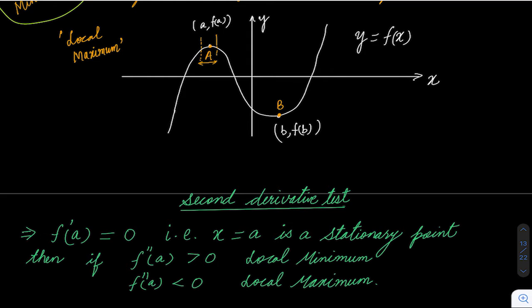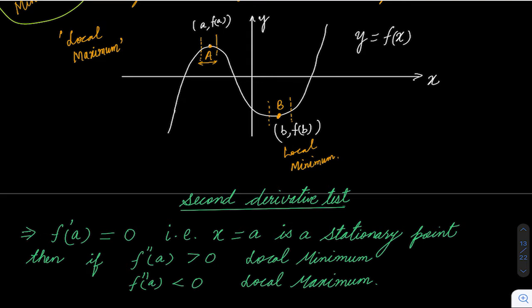Similarly, if I take a small interval around B, then B has the lowest value of y on the curve, and that's why it is known as local minima, or you can just call it minima. Now we understand what local maxima and local minima are.